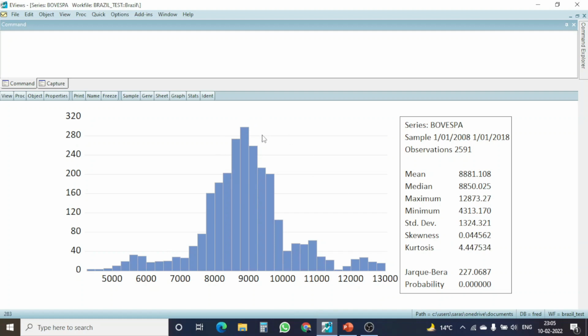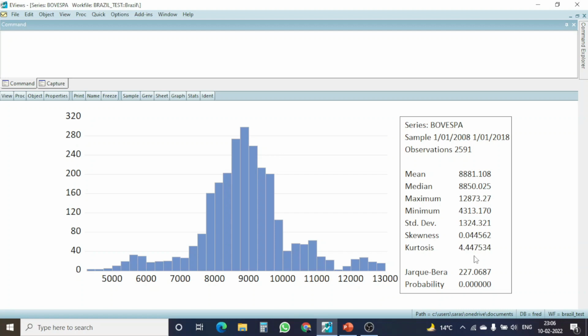So to confirm whether this is normally distributed or not, we can use the kurtosis value, which is 4.44. As I just told you, when the kurtosis value is greater than 3, the distribution is peaked and leptokurtic, and this means that it is not normally distributed.